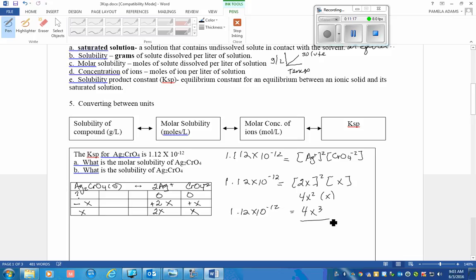If I divide both sides by 4 and then take the cube root, I will solve for X, and X is equal to 6.54 times 10 to the negative 5th, and that would be molar, and in KSP we generally say moles per liter. That is the molar concentration at 25 degrees C for this particular reaction. That is the answer to this question.